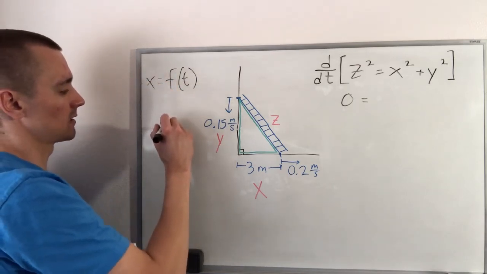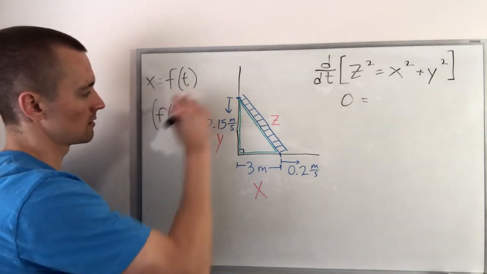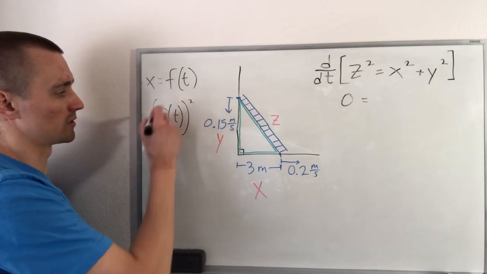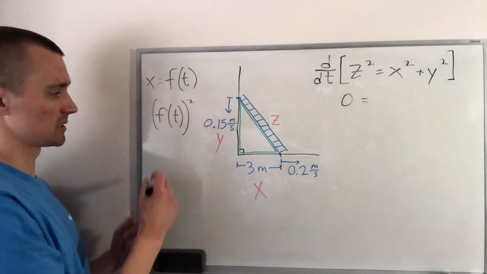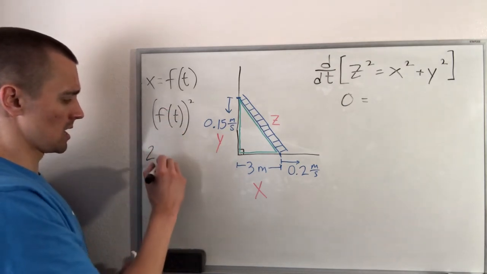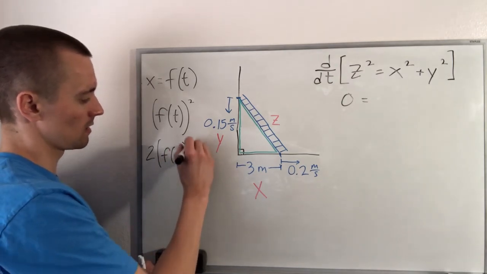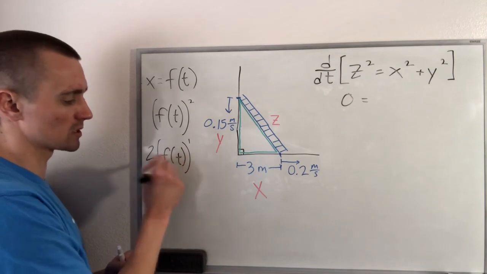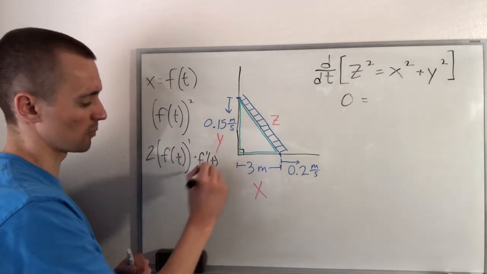But if we're taking the derivative of this function of time all squared, we would have to use chain rule, right? We wouldn't just be able to move the 2 down in front and use the power rule. We would have to do chain rule, which is take the derivative of the outside, so bring the 2 down in front, leave the inside alone, lower the power by 1, and then by chain rule, we would also have to multiply this by the derivative of the inside, which is just going to be f prime.